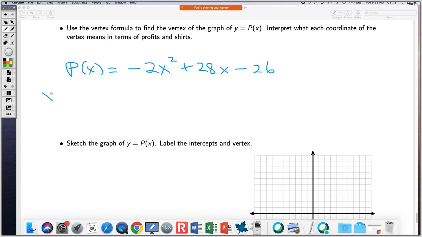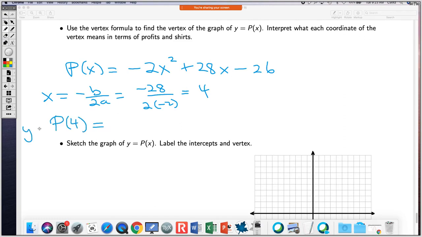Using our vertex formula, negative b over 2a, or the opposite of b over 2a. The opposite of 28 over 2 times negative 2. That's going to give us a 4. To get the y coordinate, we'll plug 4 into the function.